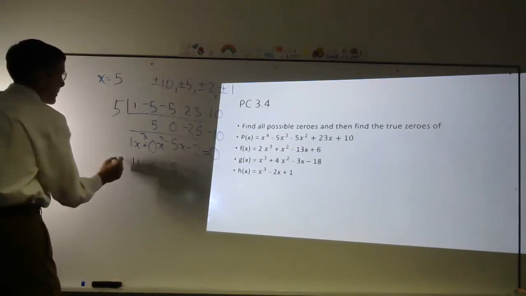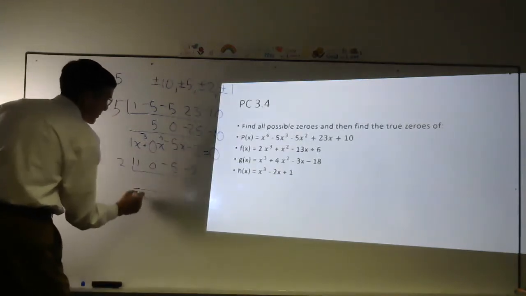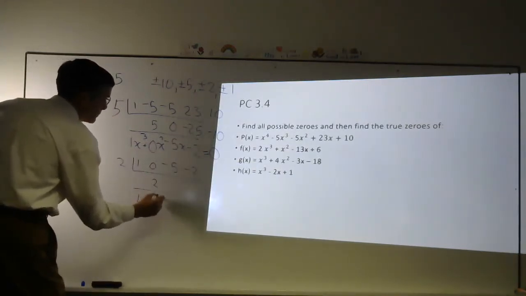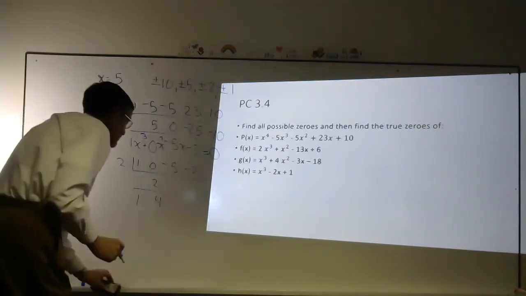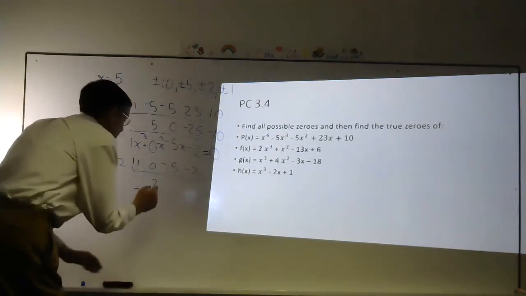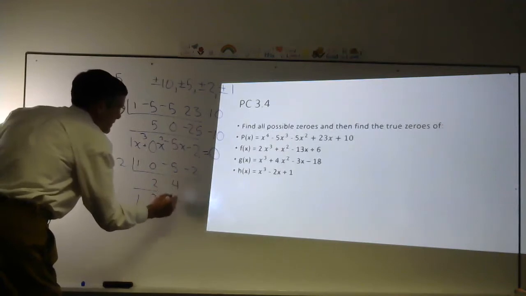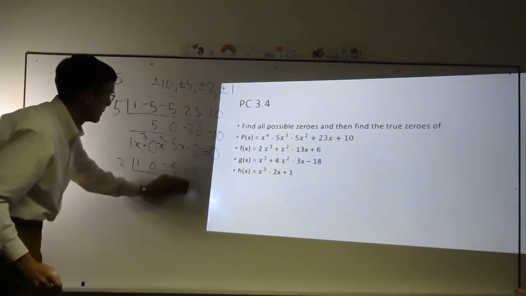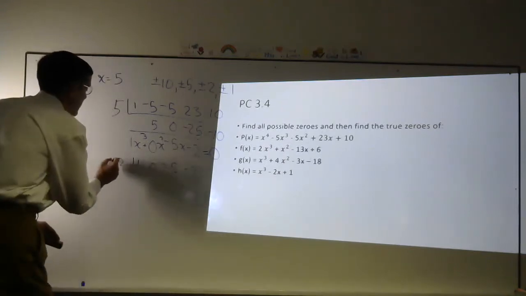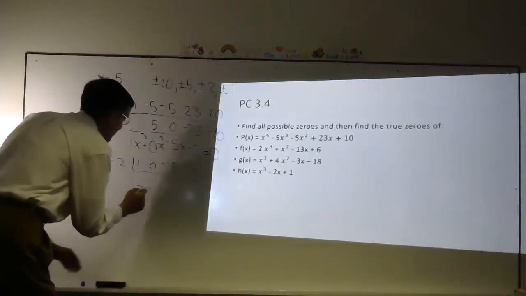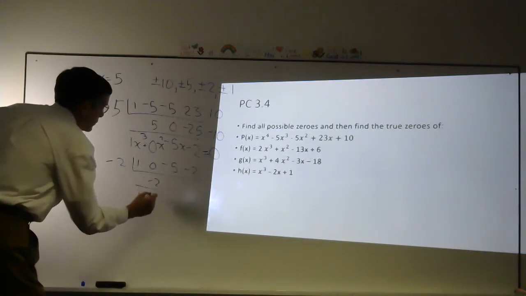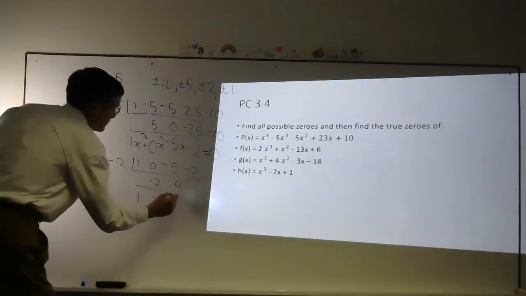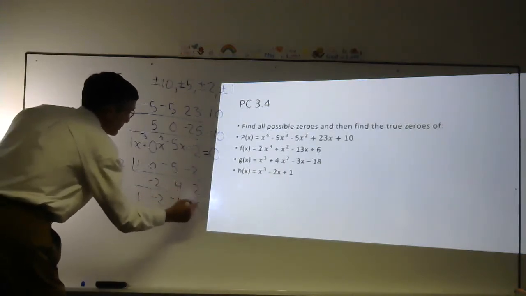Let's try, how about 2? So we have 1, 2, 4. 2, 4 here, -1, -2. 2 did not work. How about we try -2, see if that works. 1, -2, -2, +4, -1, +2.